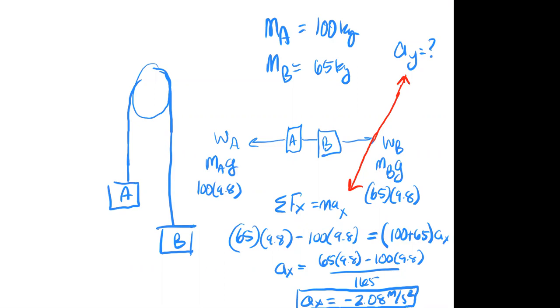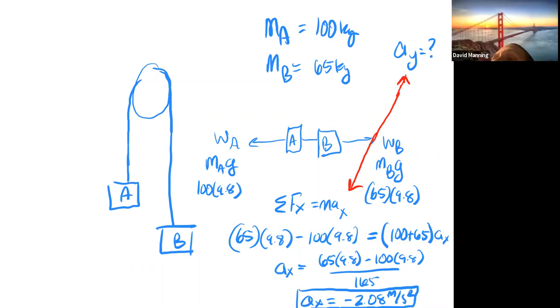Why is it negative? I did the math and I didn't get it as a negative. You can see over here on our right, we have 65 going right here, and we have the 100 one going to the left. Remember our Cartesian coordinate plane. This is the positive x.